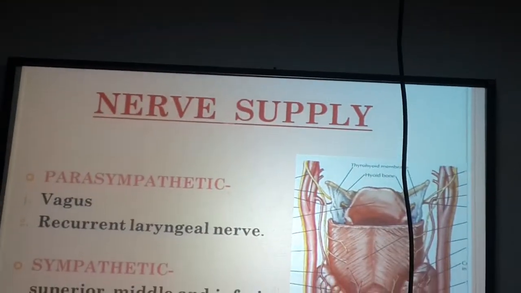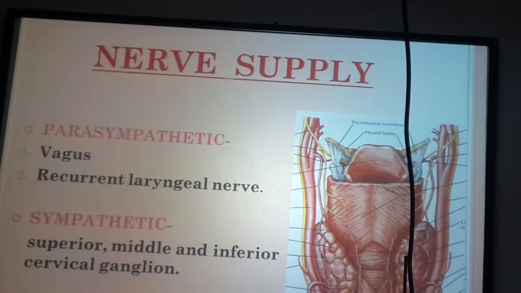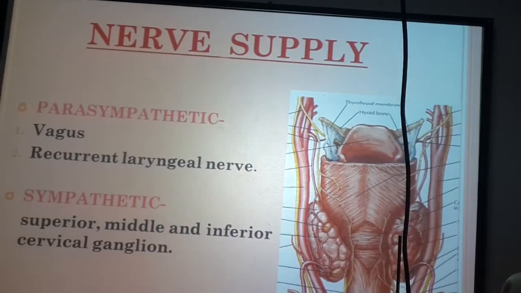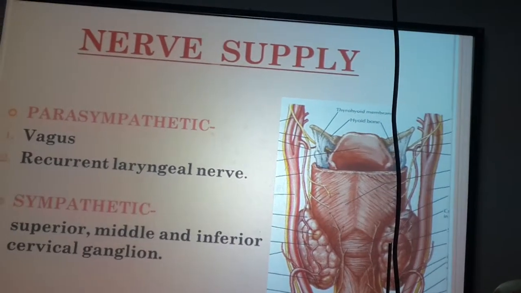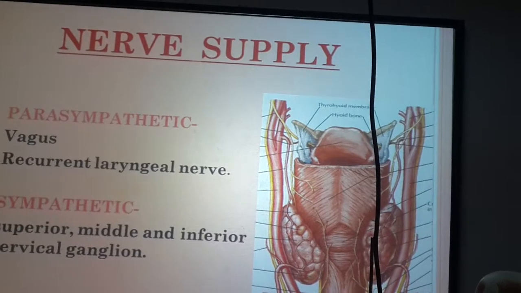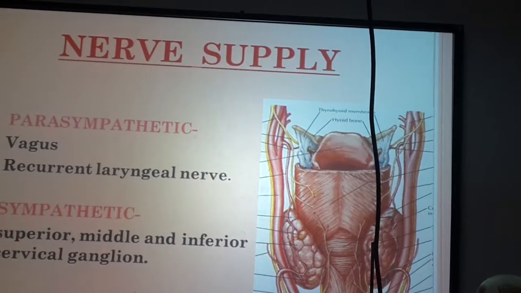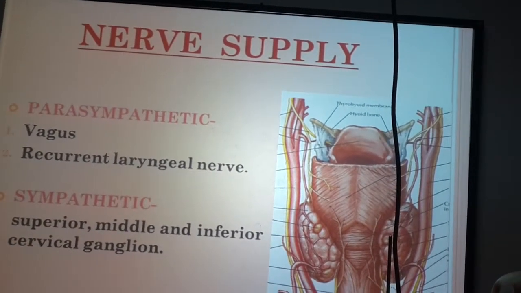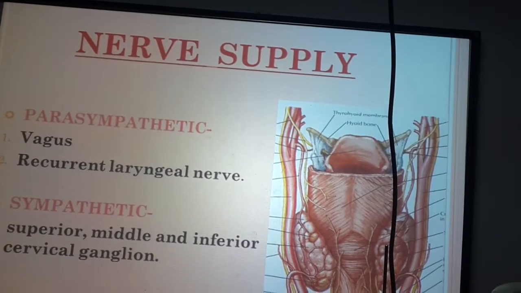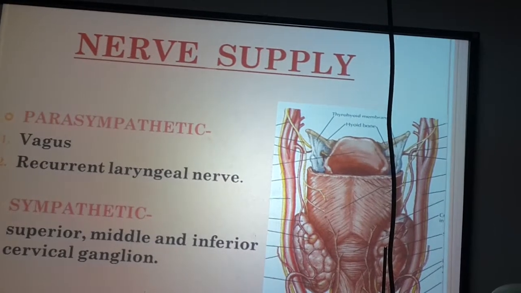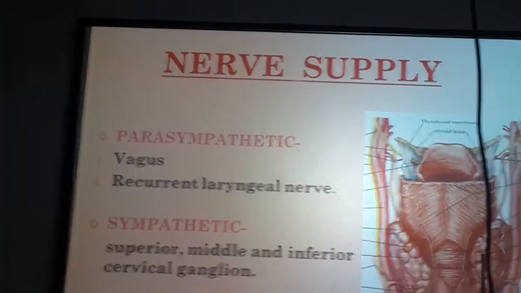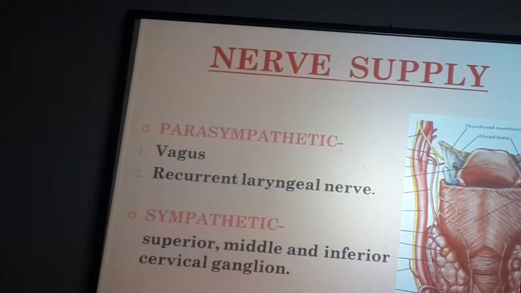Next is the nerve supply. The parasympathetic supply is by the vagus and recurrent laryngeal nerve, and it is secretomotor to the gland. The sympathetic supply is vasomotor, by the superior, middle and inferior cervical ganglia in the neck region.